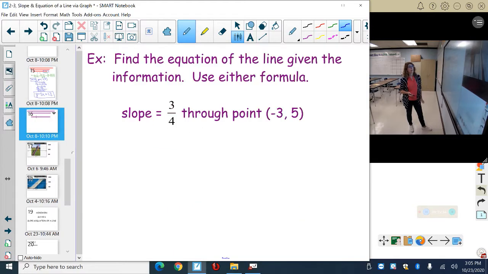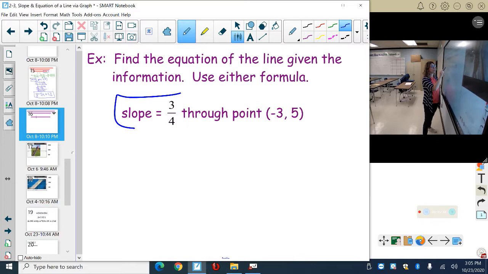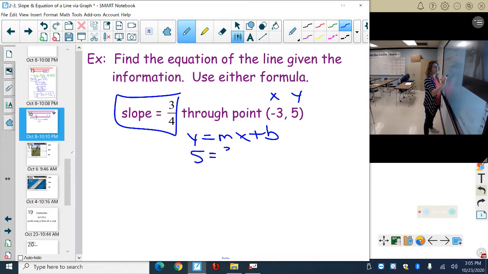Okay? Same exact concept. Use either formula, but I give you the slope and I give you a point. So here's x, here's y. Y equals mx plus b. Y is 5, m is 3/4, x is -3 plus b. Put the -3 over 1.